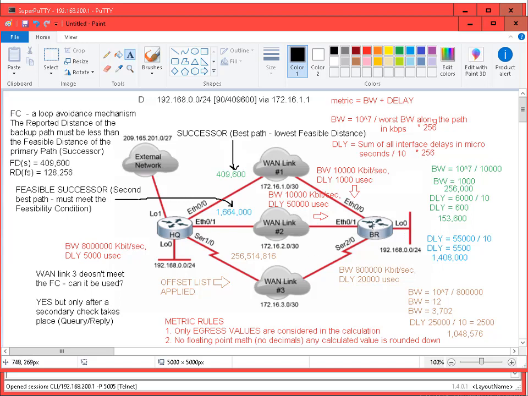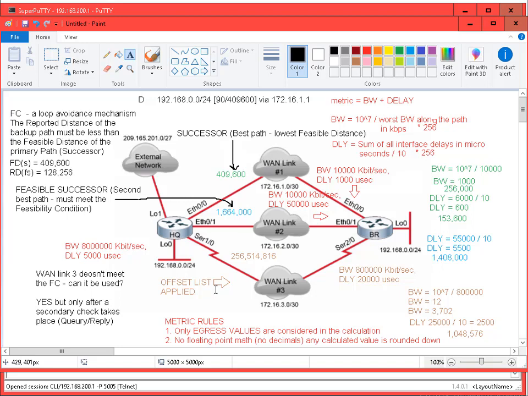The branch router is going to send a query over the serial link to the HQ router saying, do you still have a route to the subnet? The HQ router is going to send a reply, and then that route gets inserted into the routing table. Make sense? That's the only time these query processes take place: if a primary link fails and there's no feasible successor, then I query the remaining neighbors to see if they still have a path to that particular destination.